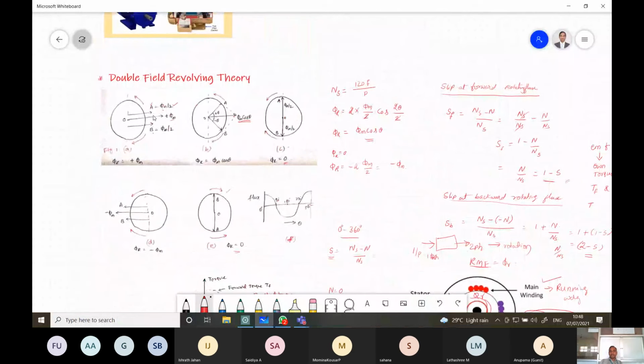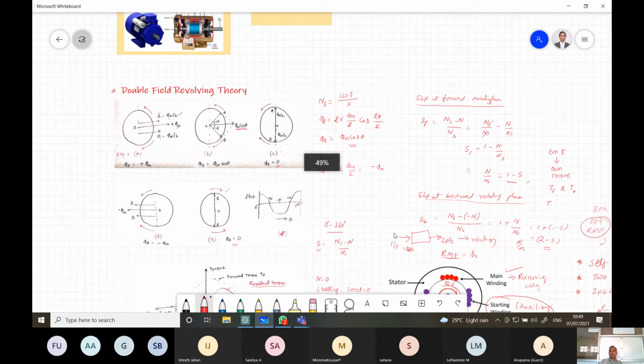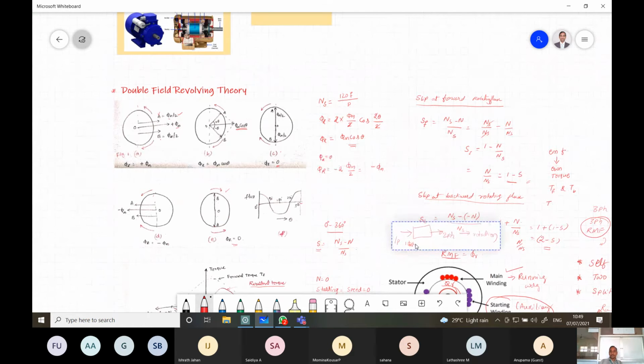There are two fields in opposite directions, field A and field B, that is the flux A and flux B. They are oppositely rotating, so it is called the double field revolving theory. Two fields are obtained because of two windings: one is the main winding, another one is the starting winding. Is it clear?